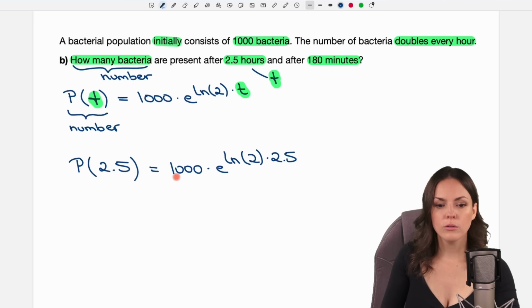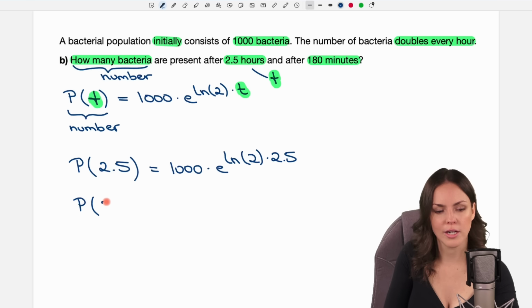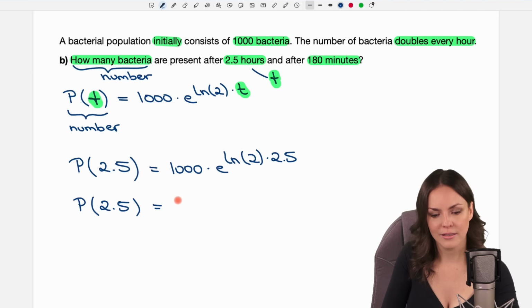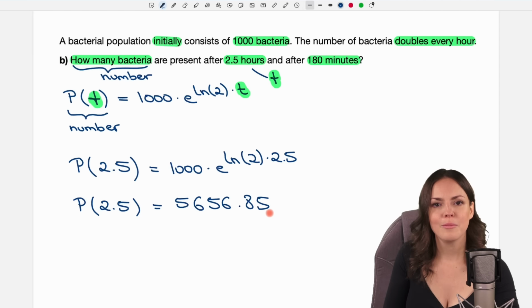And now we only have to put this thing in our calculator and let's calculate it. So the number of bacteria in my population after 2.5 hours is, and my calculator gives me a result of 5,656.85. How many bacteria is that then?